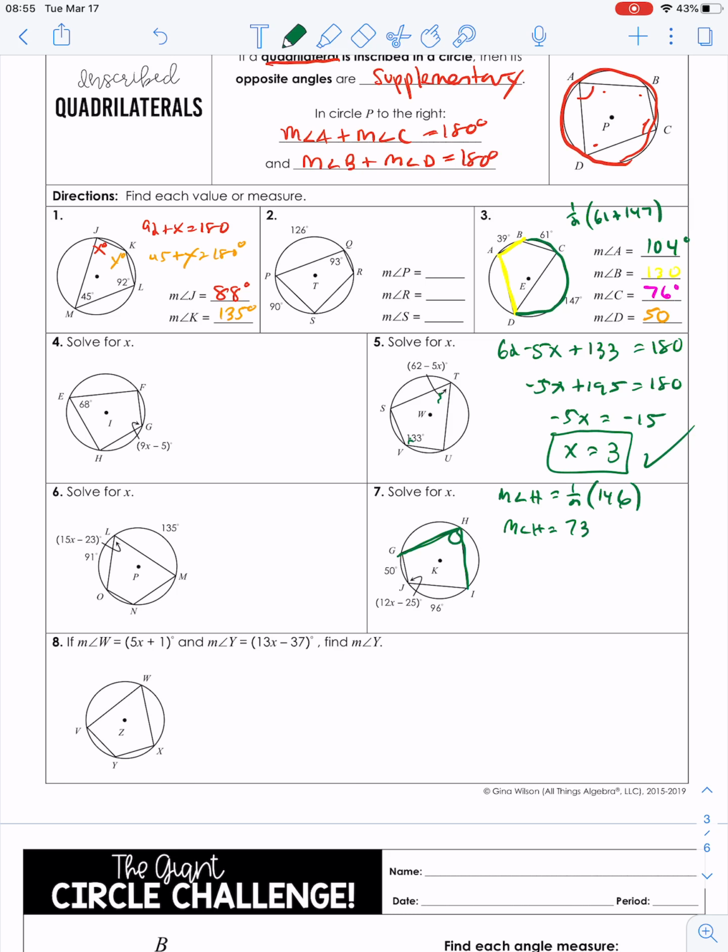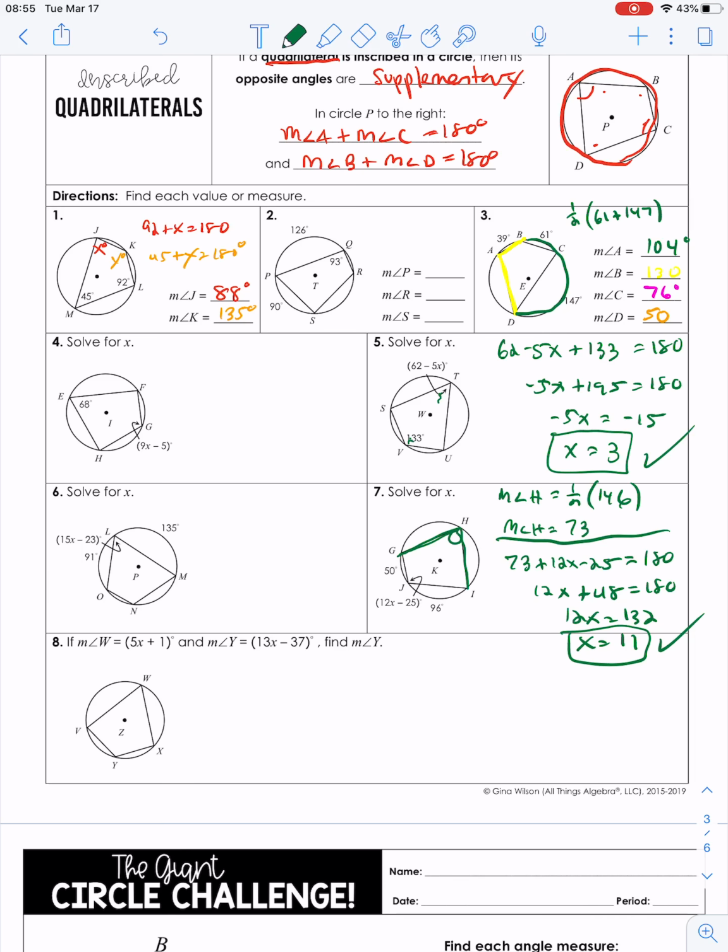So since we have that, we know 73 plus 12x minus 25 equals 180. So 12x plus 48 equals 180. 12x equals 132, and x equals 11. And we are done with this section.